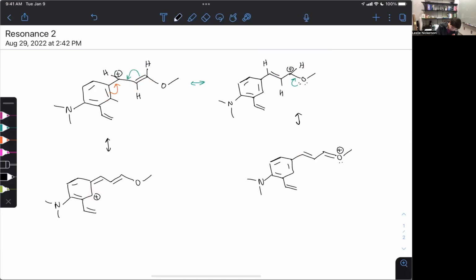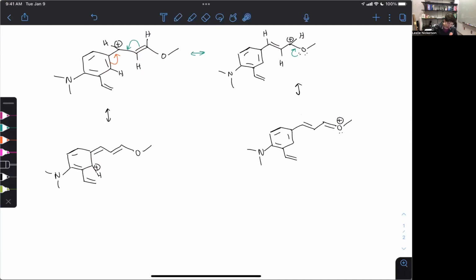I've got one H there, one H there. Okay, now we look at this positive charge and what's connected to it. I've got this pi bond or this pi bond. Again, doing this one would get me right back to where I started, so let's go ahead and do that one.